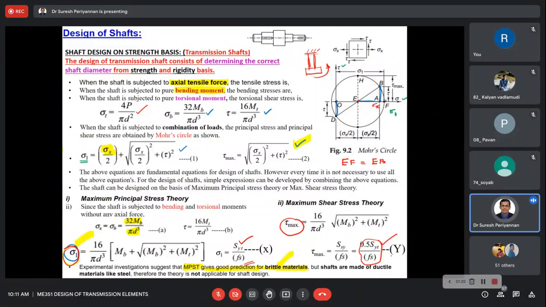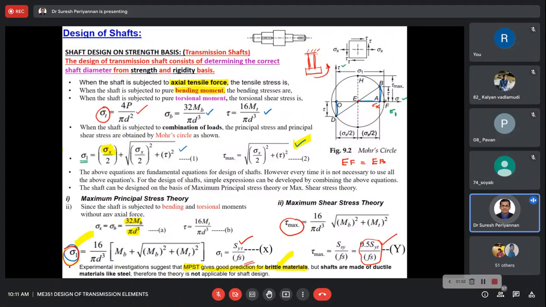Suppose the shaft is subjected to static load, then we can directly use this formula for finding the shaft diameter, where sigma t is the permissible tensile stress. When the shaft is subjected to bending moment, we use this formula for finding the diameter d.